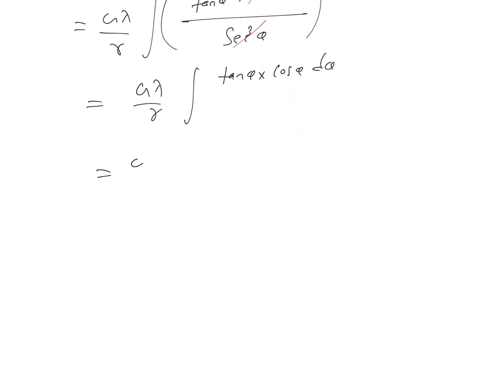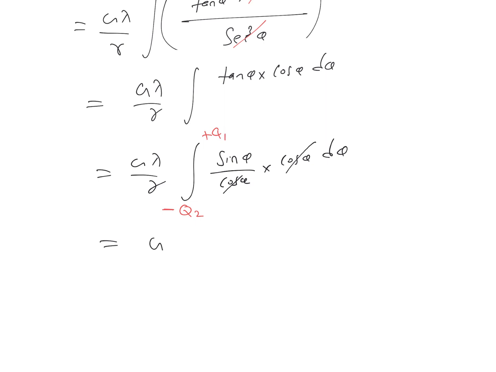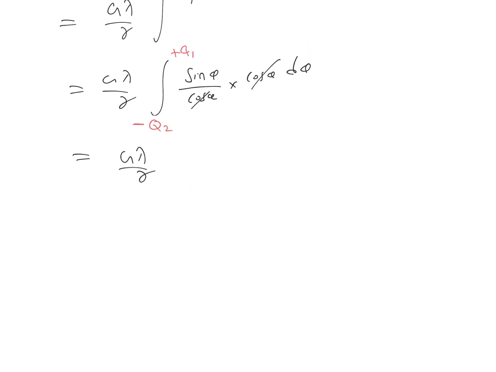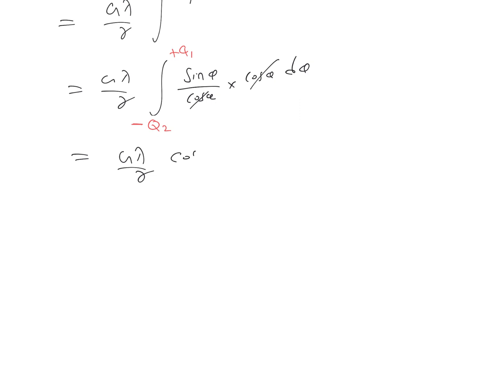So we can write this as G lambda divided by r into tan theta, which can be written as sine theta divided by cos theta, into cos theta d theta. So this cos theta and this cos theta get cancelled, and same as in the previous case we can put the limit from minus theta 2 to plus theta 1. So we can write this as G lambda divided by r into integration of sine theta, which is minus cos theta, and the limit is changing from minus theta 2 to plus theta 1.